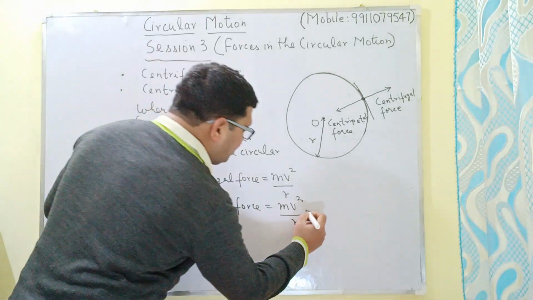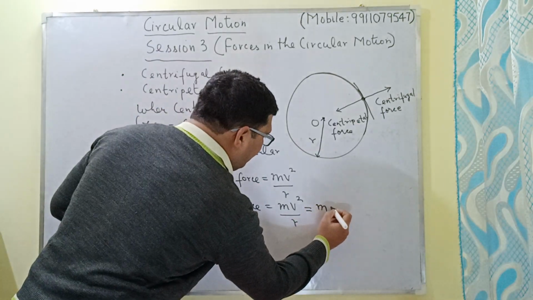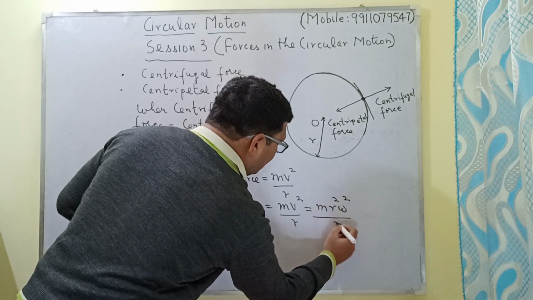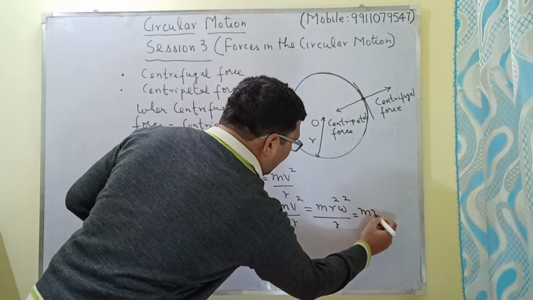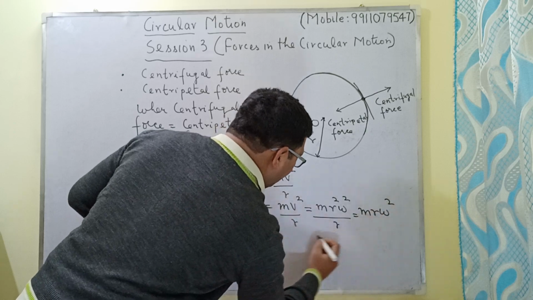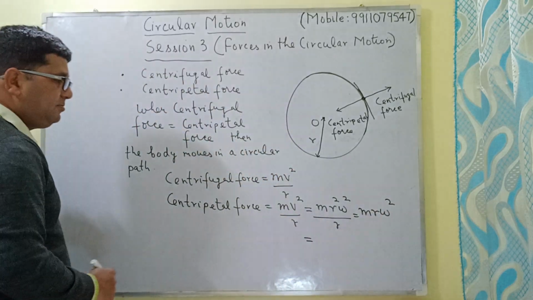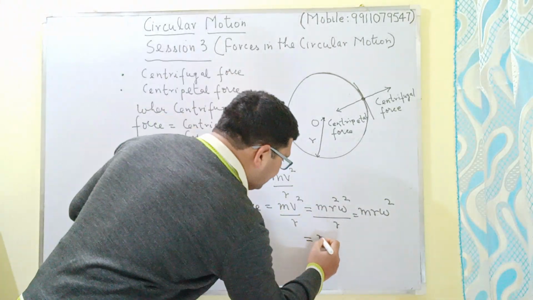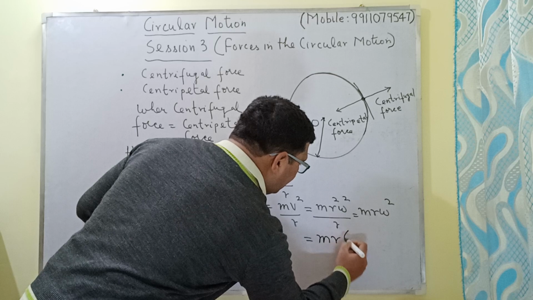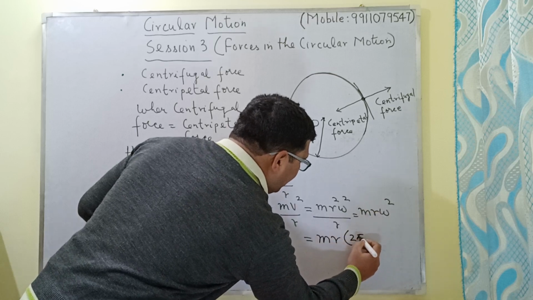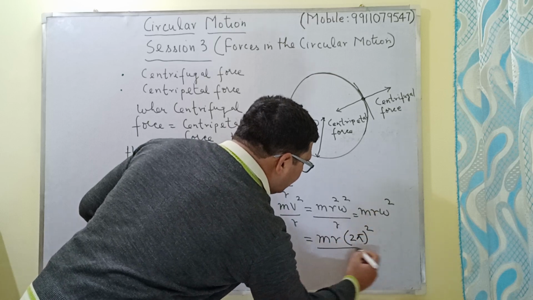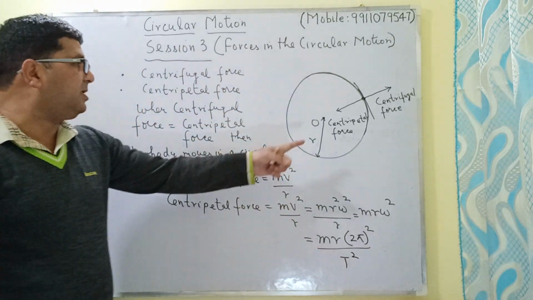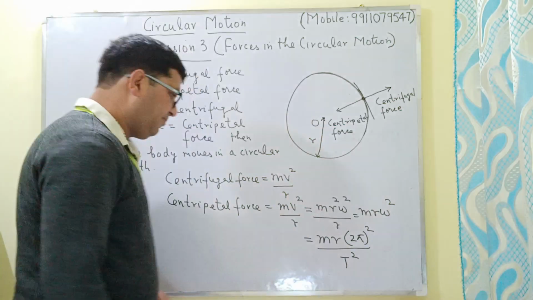Now we also know that v is equal to r omega, so this can be written as m r square omega square upon r, or m r omega square. Since omega is equal to 2 pi upon T, m r omega square becomes m r times 2 pi whole square upon T square. T is the time period, the time taken to complete one revolution.